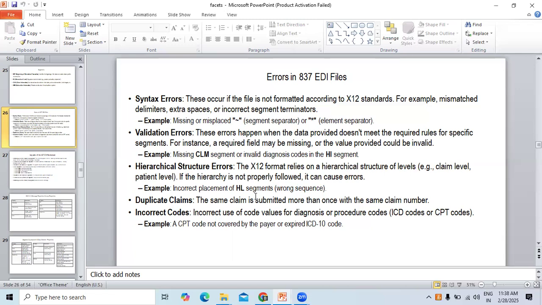Understand? Clear? Done? Last one, incorrect codes.